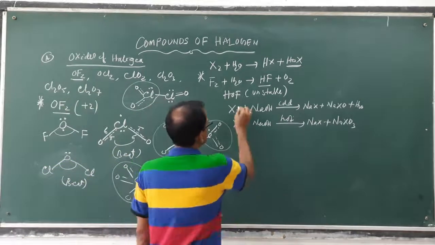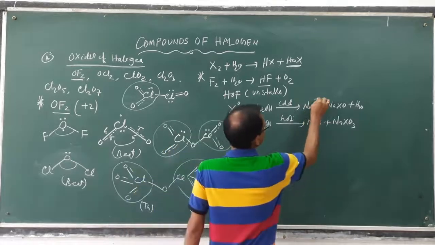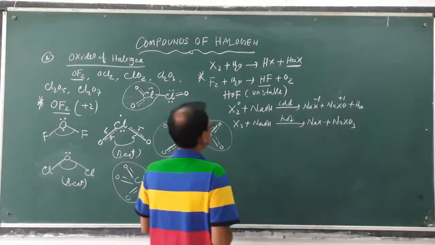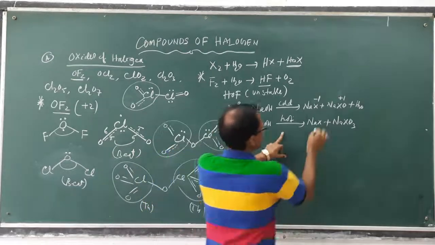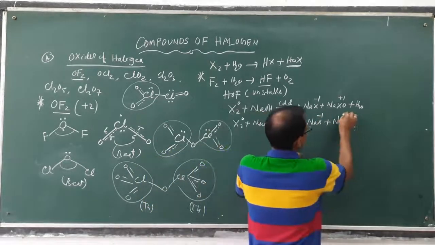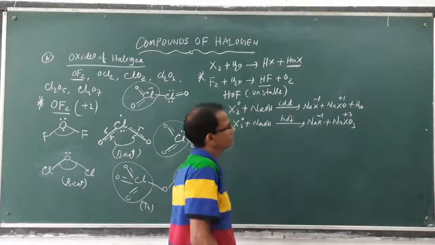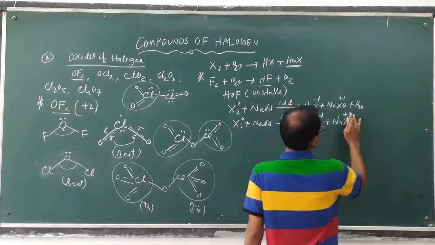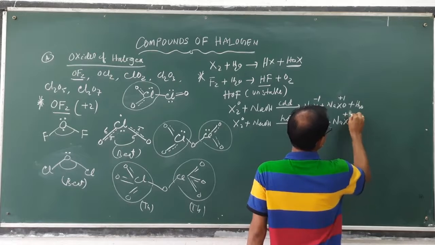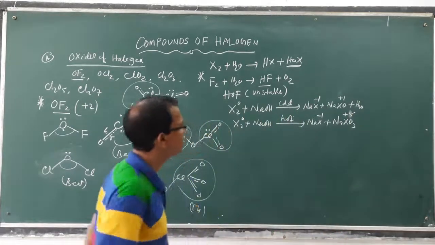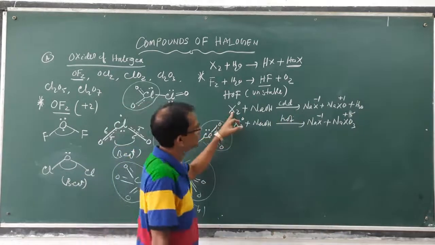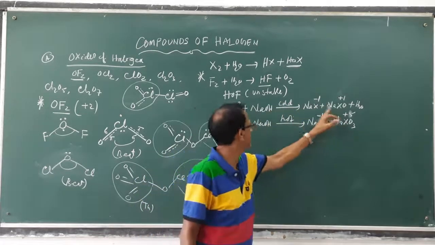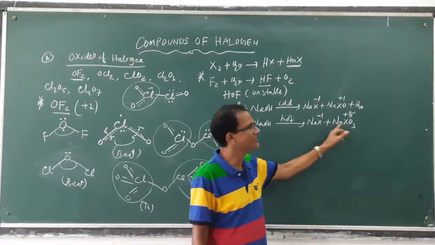But if you see, here the charge is 0, here the charge is -1, here the charge is +1. Here the charge is 0, here the charge is -1, here the charge is +5. This is the +5 state. So here the oxidation number of the halogen is decreasing and increasing.